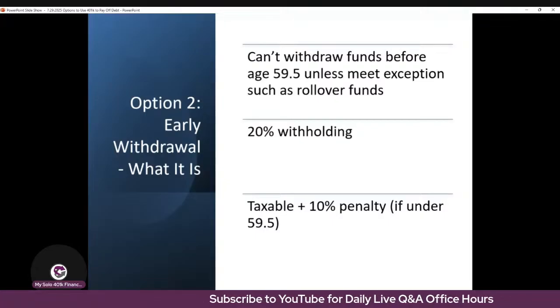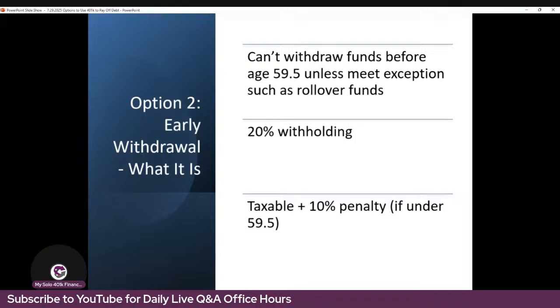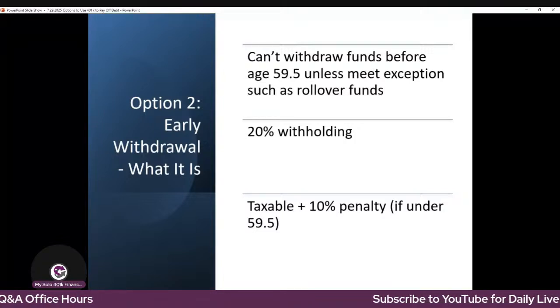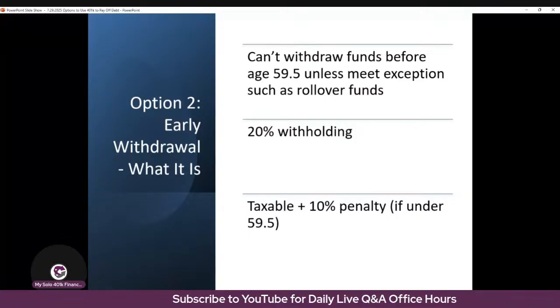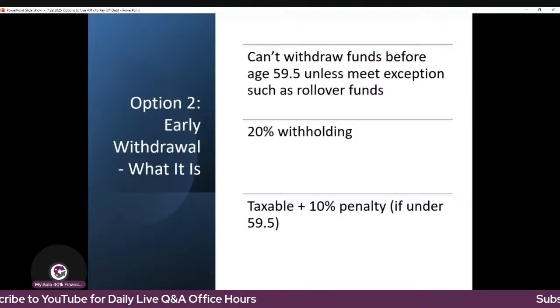But if one takes a taxable distribution from their 401k, there's a withholding requirement. So for example, if you take a $10,000 taxable distribution, the individual is going to have to send $2,000 as a withholding by the 15th of the month following the date of the distribution to the IRS. So they'll only actually end up with $8,000.